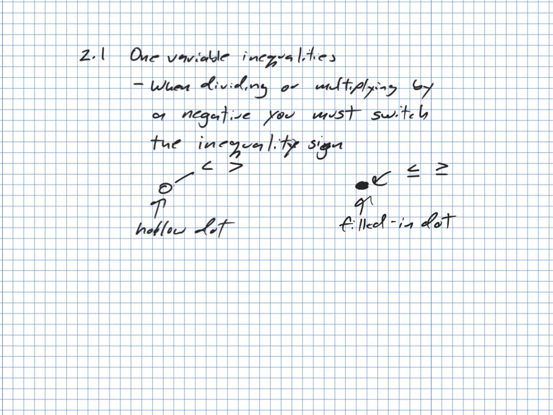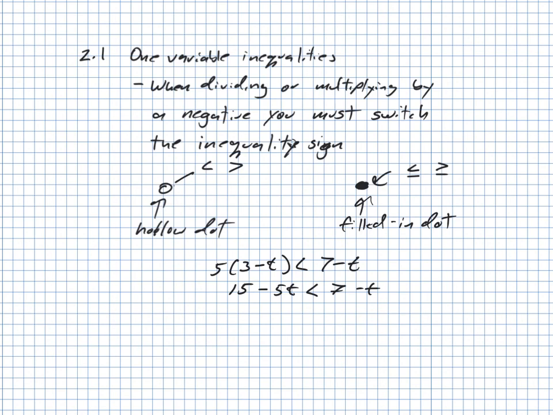I'll give you a quick example from the book, just to give you a sense for what to expect. 5 times 3 minus t less than 7 minus t. Distributing gives me 15 minus 5t less than 7 minus t. And I will try to get the t's on the left.